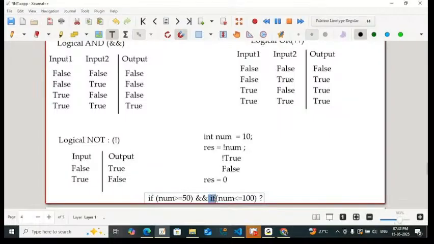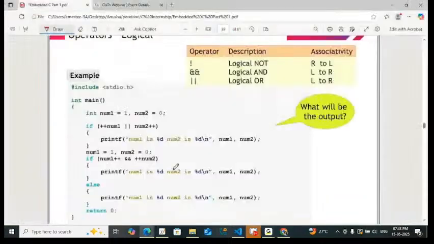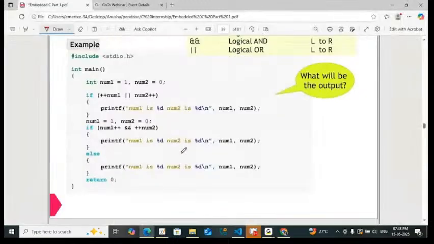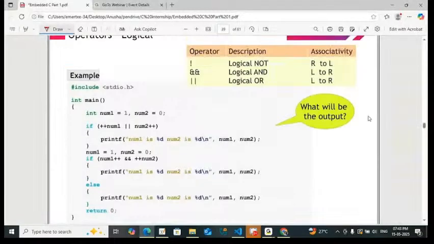You have to make use of a single if condition: if number is greater than or equal to 50 and the number is less than or equal to 100. That is why we write true and true. In between you don't use any other keywords. So that is your logical operators. Can you look at this and tell me what will be the output?